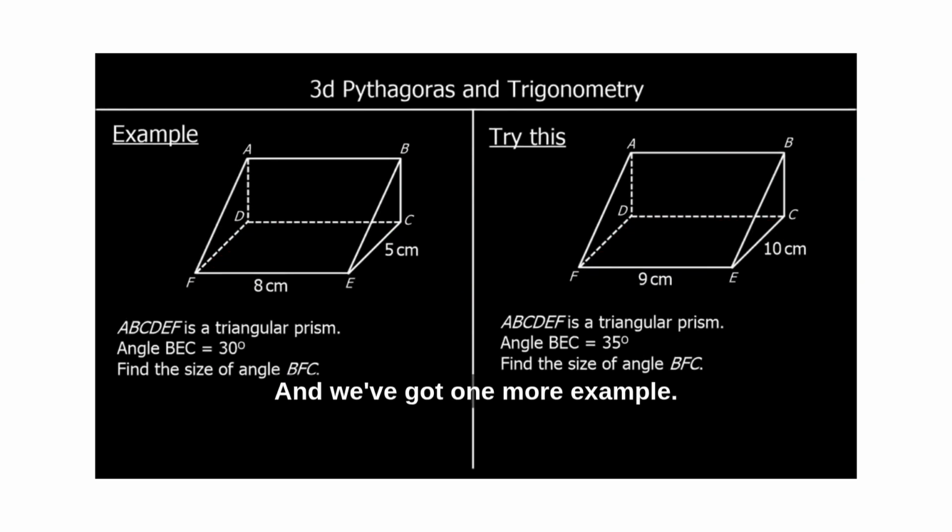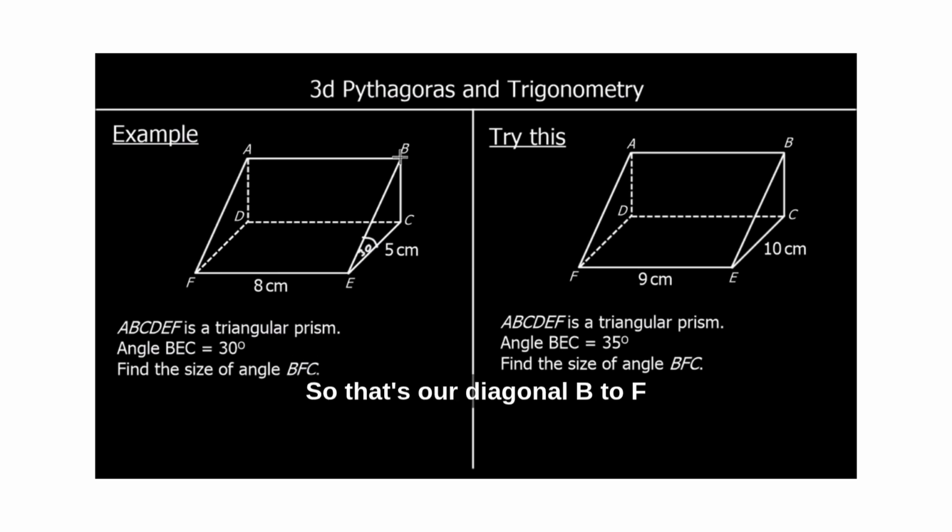And we've got one more example. This time, we are told that angle BEC is 30 degrees. We're still finding the size of angle BFC.